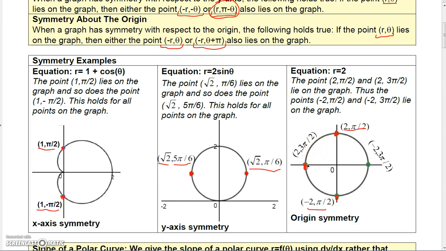But if you go −2 at 3π/2, you're actually back over here where this point is. So there's (−2, 3π/2) there.